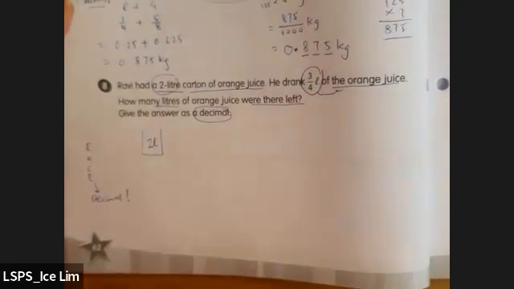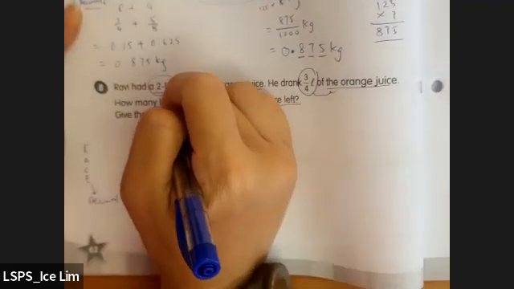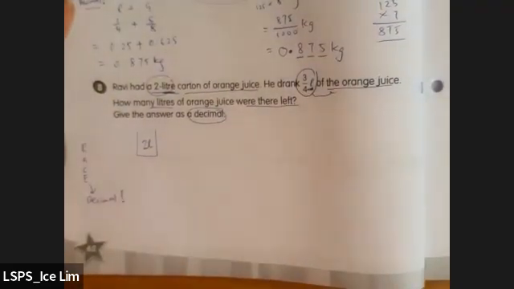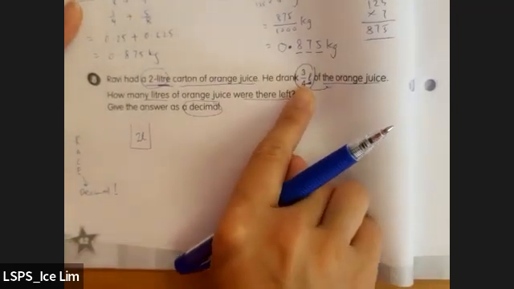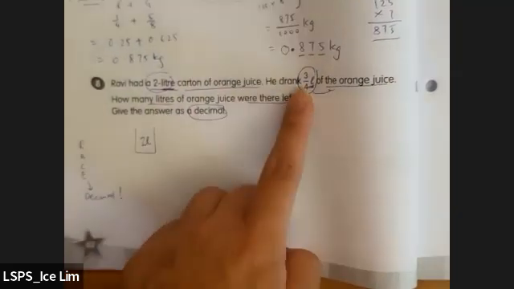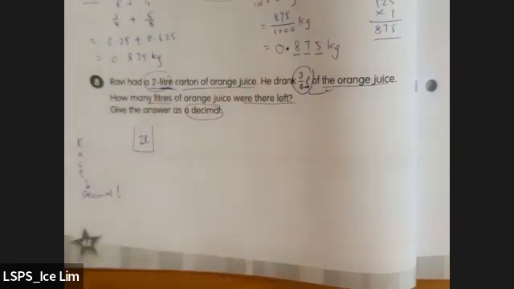Okay, not too bad. The truth is this question is not that difficult because you see liter and liter. The same units are used. Now it's more difficult if it's just a fraction by itself. That means if the question says he drank 2/4 of these 2 liters, that's where it becomes more difficult.